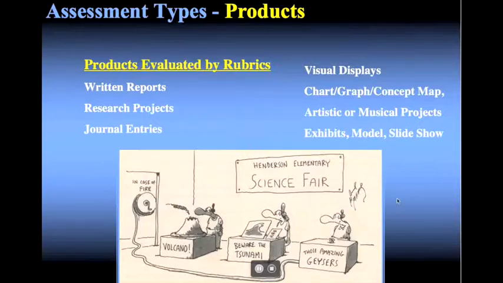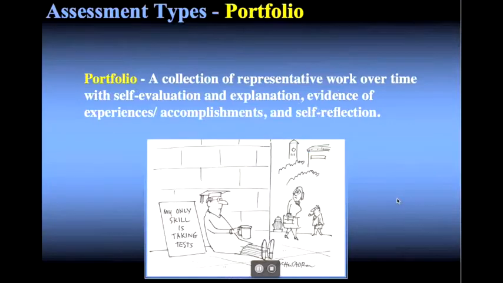A lot of times it's producing a musical or artistic project. For example, after studying Beowulf, do a comic strip or sing the ballad of Beowulf to show that you learned the key plot, rising action, and the like. So all of these products could show, in a real world, authentic way, that kids have learned that material.